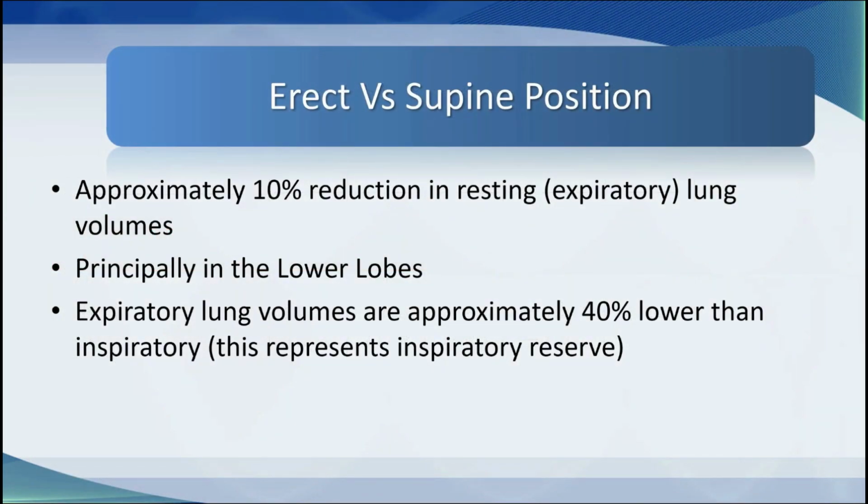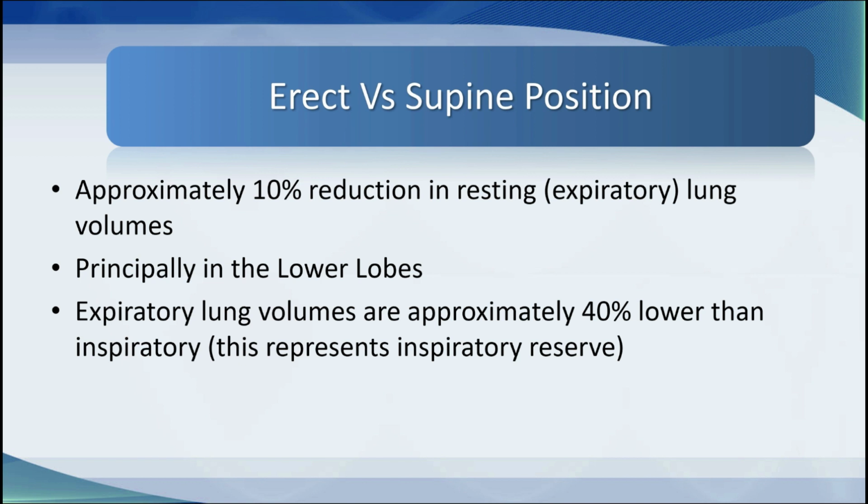So when we looked at this erect versus supine position, we can summarize it as follows. You lose about 10% in lung volume in end expiration when you go from erect to supine. So if you have a hypoxemic patient, by lying them flat, you're going to lose lung volume and you're going to worsen oxygenation. The loss of volume is principally in the lower lobes.